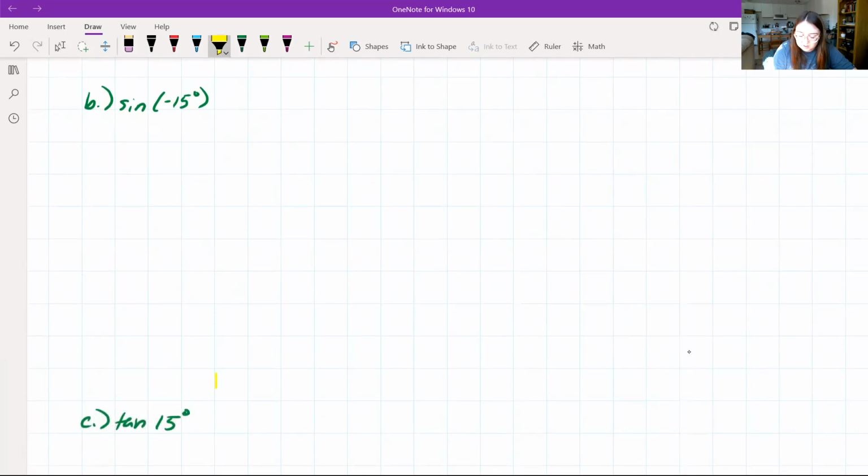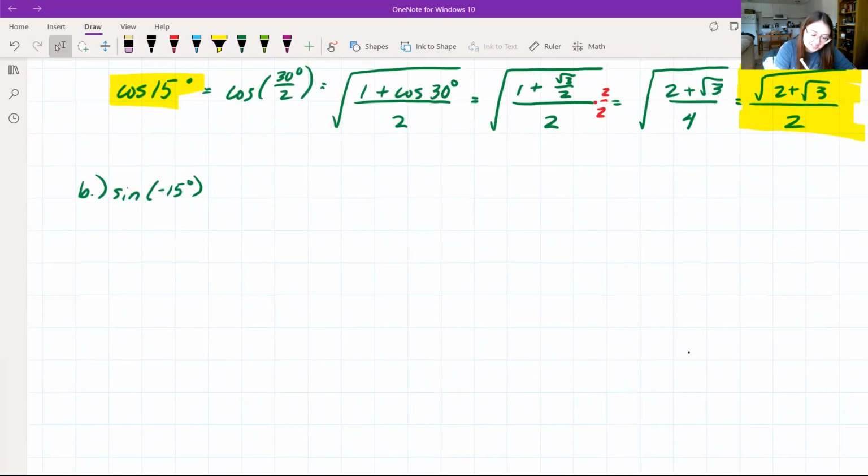If we see here, there is a bit of a theme with the 15 degrees occurring. But if we have sine of negative 15 degrees, we really don't want to actually use sine of negative 15 degrees. We would rather have a positive angle degree, so we're going to use the even odd property to turn this into negative sine of positive 15 degrees.